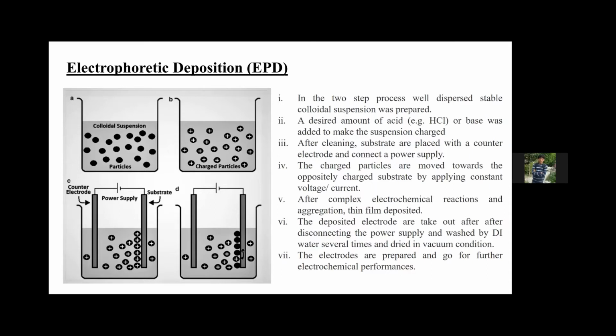For example, 30 seconds, or 45 seconds, or 1 minute. After 1 minute, we stop our experiment, take out the substrate and clean it with DI water, so that the undeposited MnO2 on the substrate and any residuals can be removed.